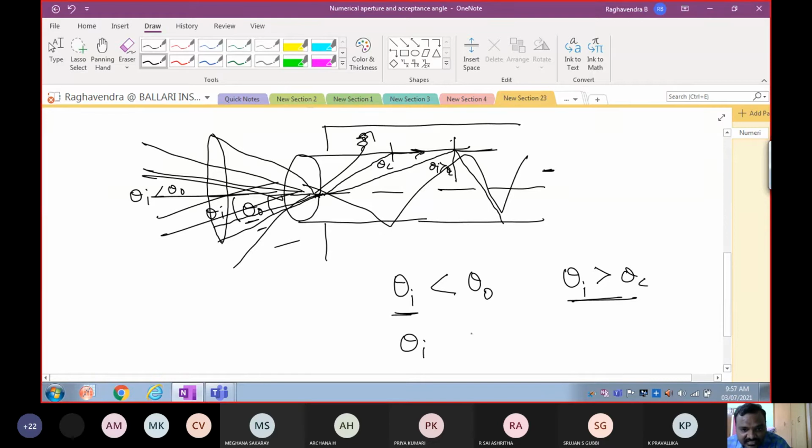If the angle of incidence is greater than the acceptance angle, then the angle of incidence inside the core is less than the critical angle. Therefore, it will not undergo total internal reflection. Have you understood this? Yes, sir. Here theta naught is the acceptance angle, theta c is the critical angle. Don't get confused with that.